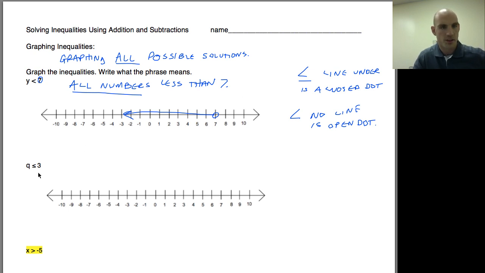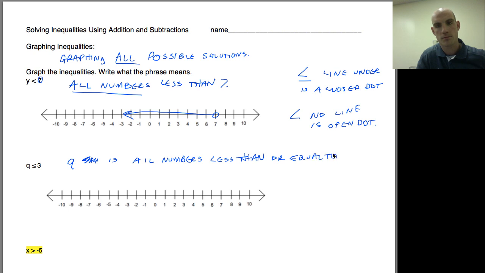Here's another one. Q is all numbers less than or equal to 3. And so 3 is my featured number here, and it's going to be a closed dot because it could be 3.